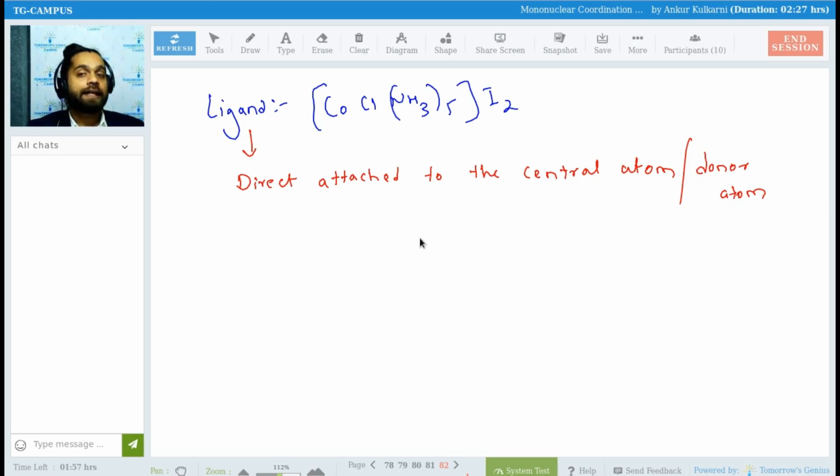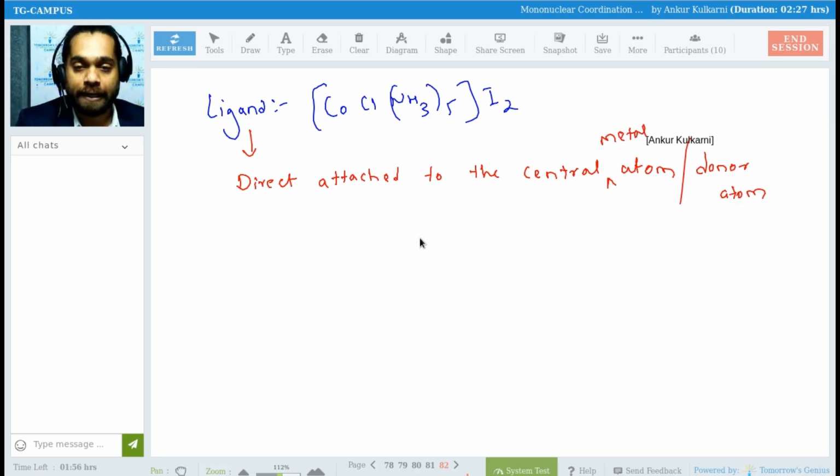Write it down: donor atoms that are directly attached to the central atom are called ligands. You can also write it as central metal atom.